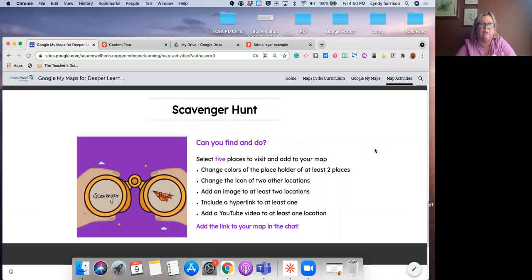So you could put in San Francisco, and say, find something unique to San Francisco, where they would have to add the Golden Gate Bridge or a cable car. So you could have pre-assigned places and then they add things to it.